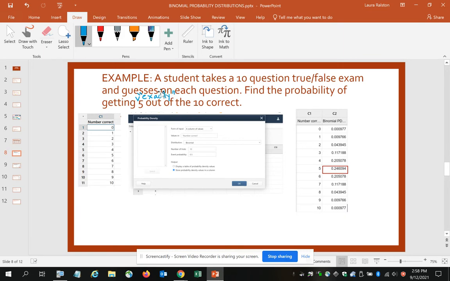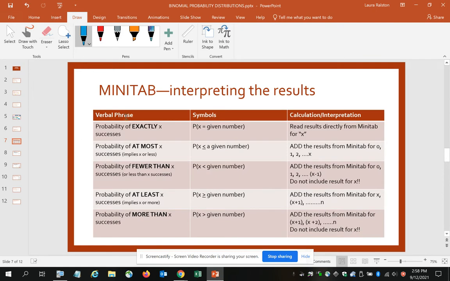It's important to look for those keywords like exactly, less than, greater than, at most, at least, because that's going to tell me which of these procedures to follow on this table. So I'm going to use, in this case, the row for exactly.